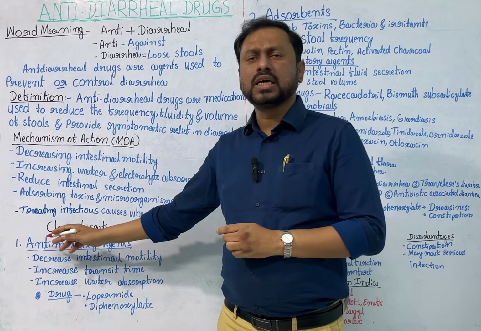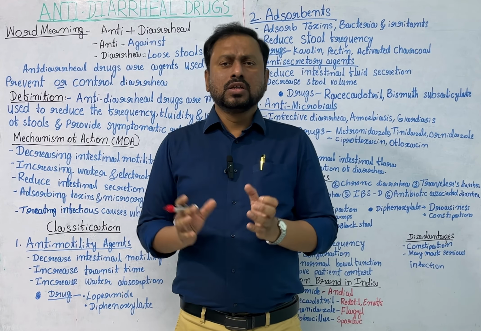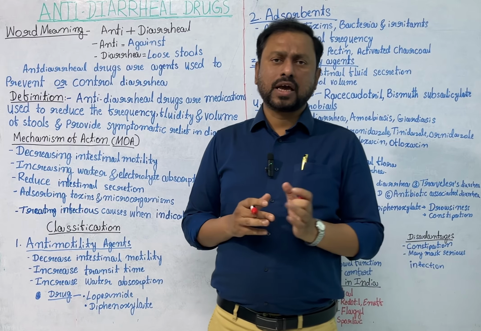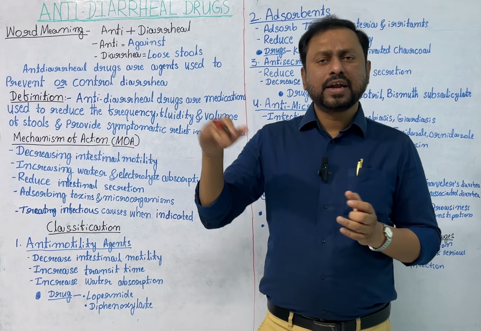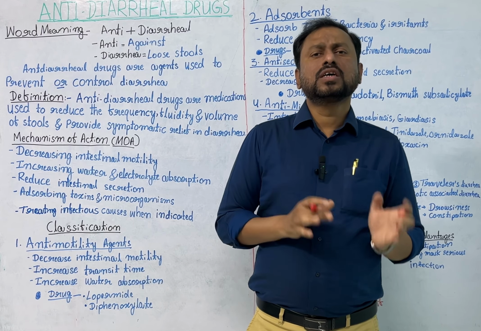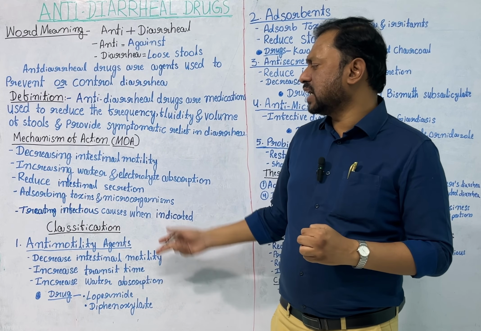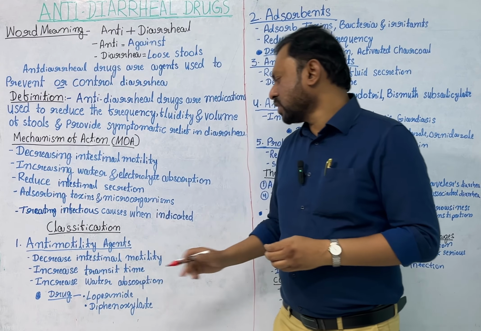The first one is the anti-motility drugs. Just now I told you the diarrhea is because of increased motility in the intestine. This class of drugs decreases the intestinal motility and reduces the speed of the intestinal function. That's why it acts against diarrhea, and it also increases the transit time.